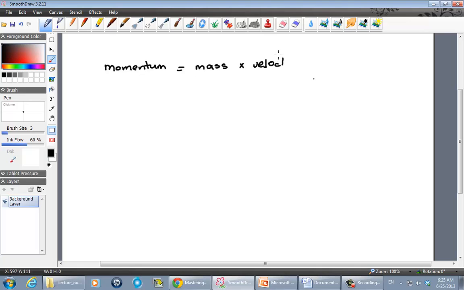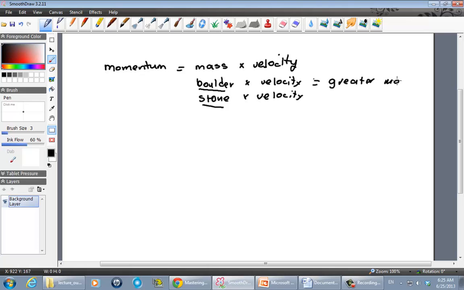So if we have a boulder and a stone moving at the same speed, then what we can see is that since the boulder has more mass, it will have a greater momentum. And the stone will have less momentum, because it has less mass. So if two things have the same speed, the one with more mass has the greater momentum.